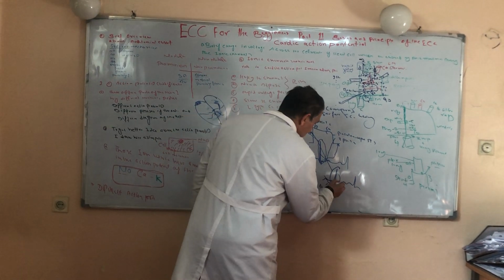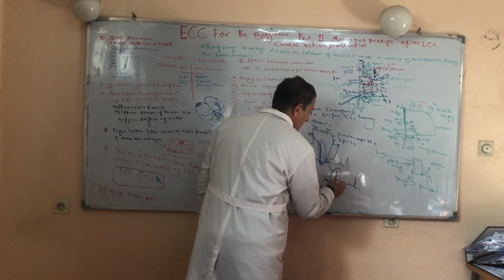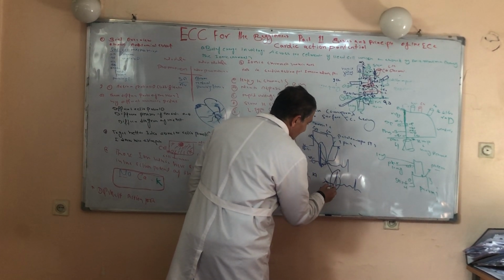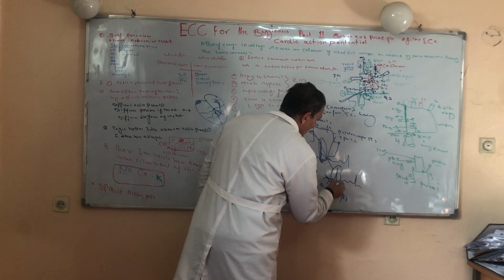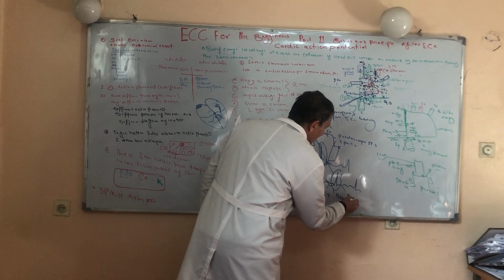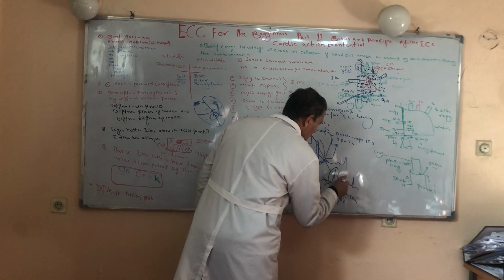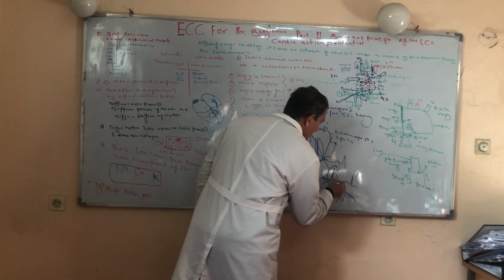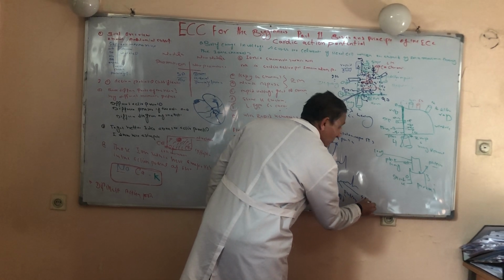This ST segment represents the plateau phase of the action potential. This is depolarization, and this is the plateau phase, and this line is represented for the phase of the action potential.